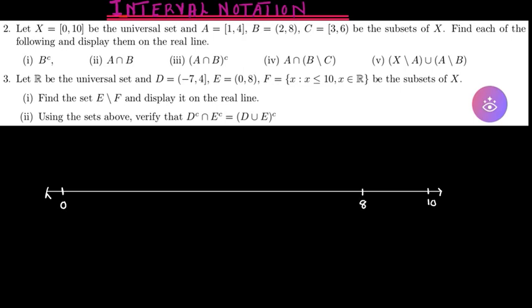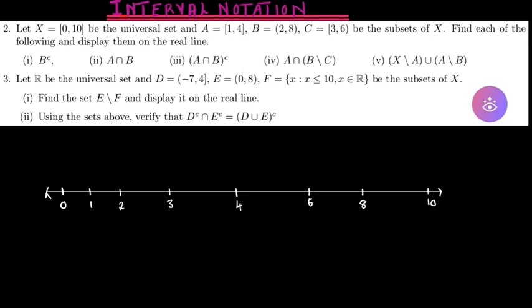From 8 we have 6 here. From 6, which one is the highest number? We have 4. I can put my 4 here. From 4 we have 3. I can put my 3 here. From 3, what number do I have? I have 2. From 2, I have 1.